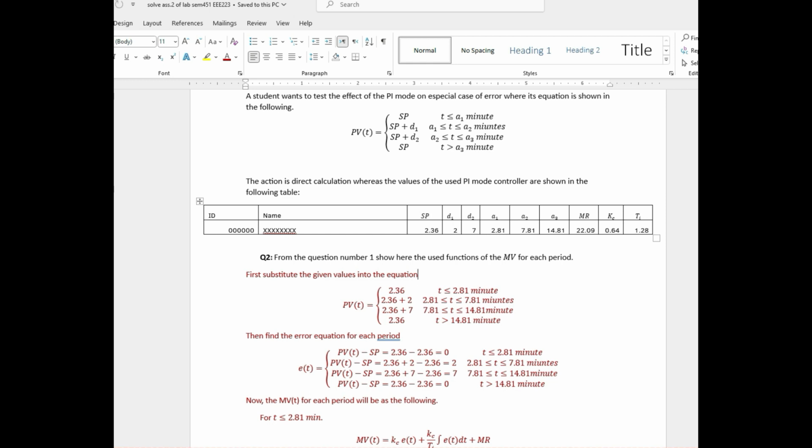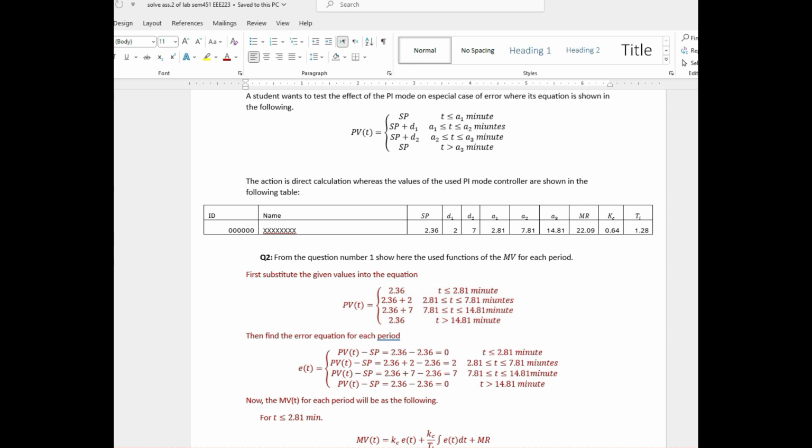So here SP 2.36, I put it here. Then he tells me SP plus D1, so I put 2.36 plus D1 is 2, I put it as 2 as you see here. For the period A1, A2 that is here substituted with 7.8, and so on, and the same thing for the other equations.